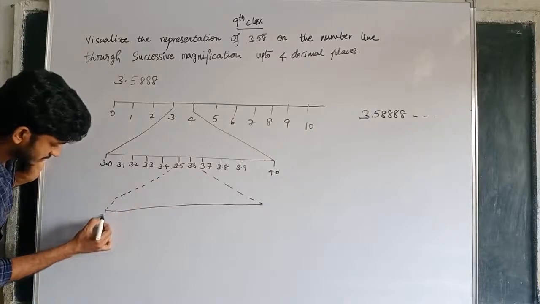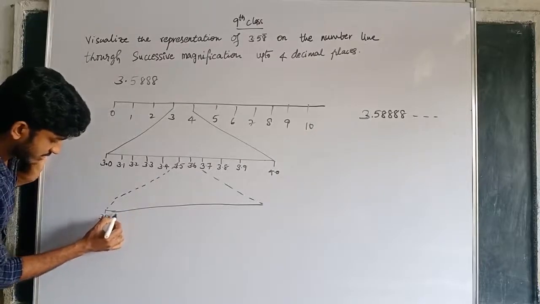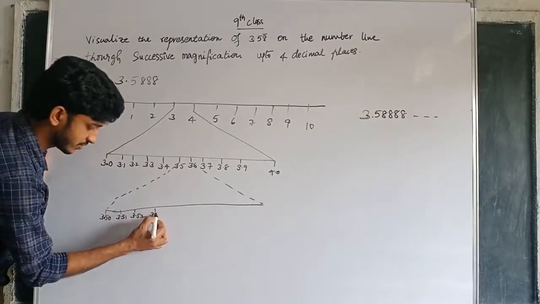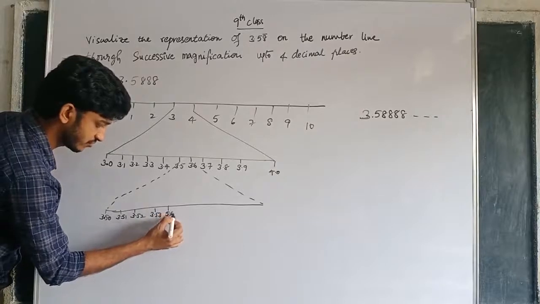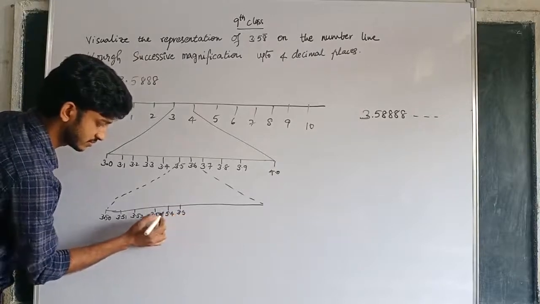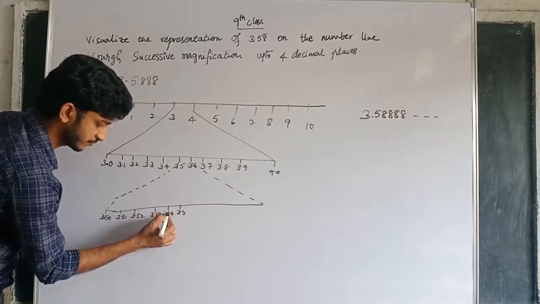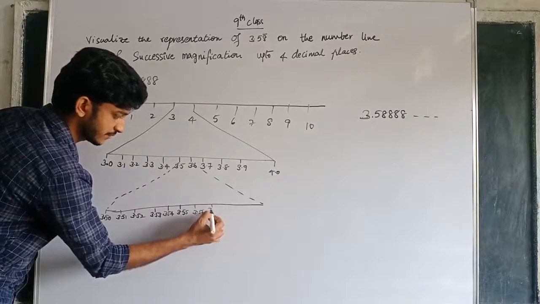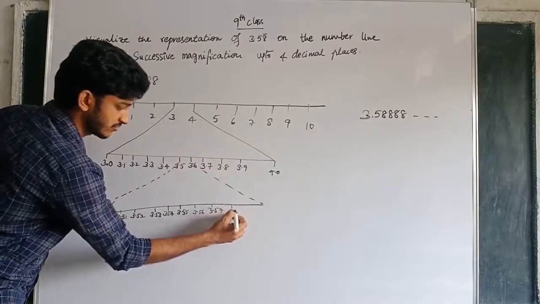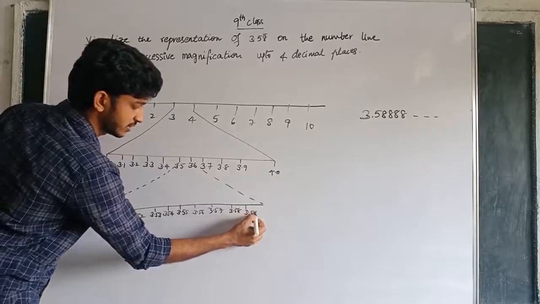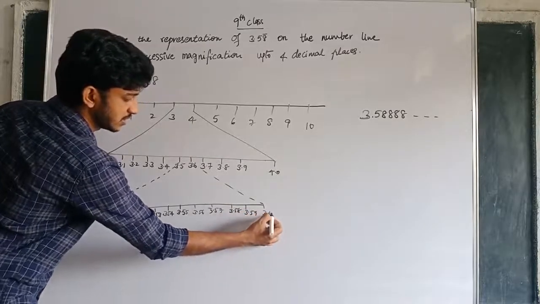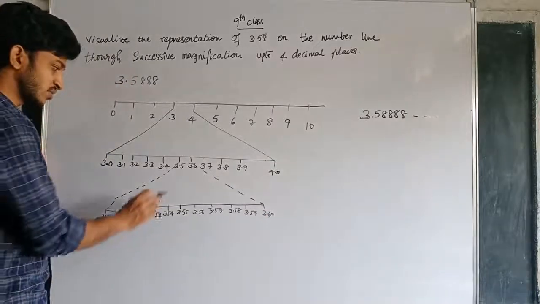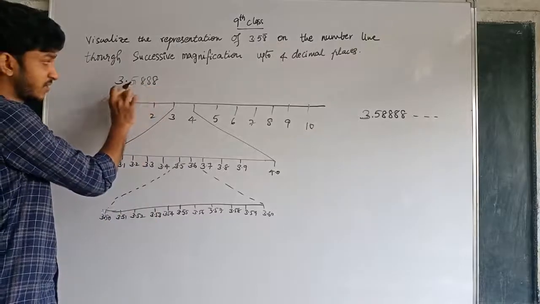So it is 3.50, and the next numbers are 3.51, 3.52, 3.53, 3.54, 3.55, 3.56, 3.57, 3.58, 3.59, and 3.6 or 3.60.